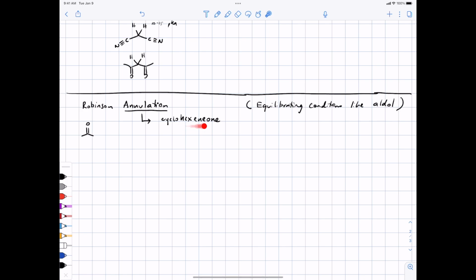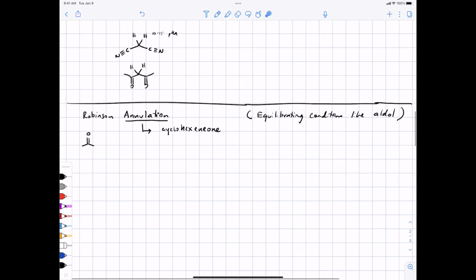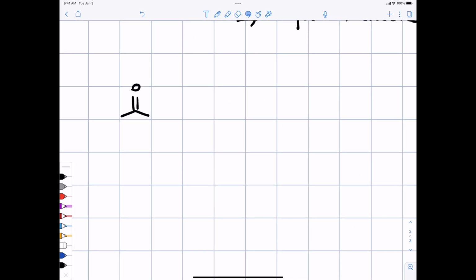It is a ring, a six-membered ring, which is a pretty stable product, and it's conjugated. In other words, the double bond of the ene is conjugated to the pi bond of the ketone. And both of those factors make the option that I'm going to show you more stable than the alternatives. So here is a simple starting material.